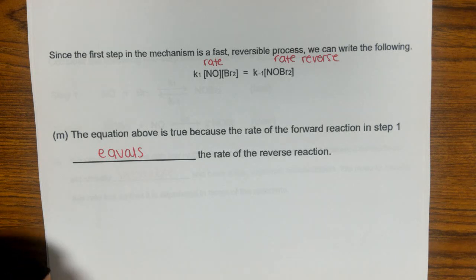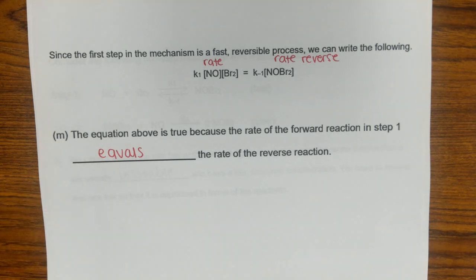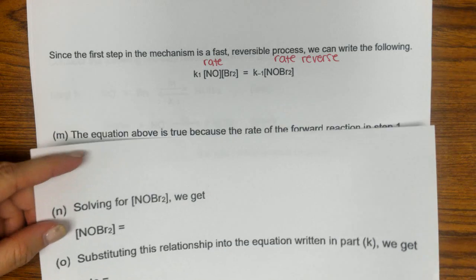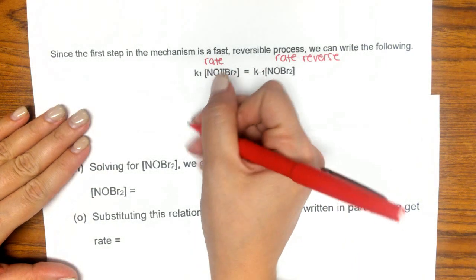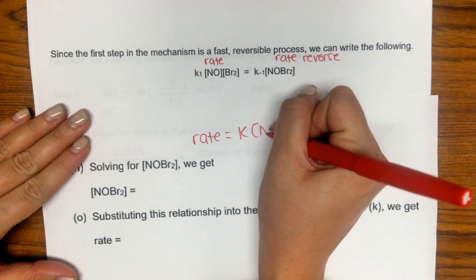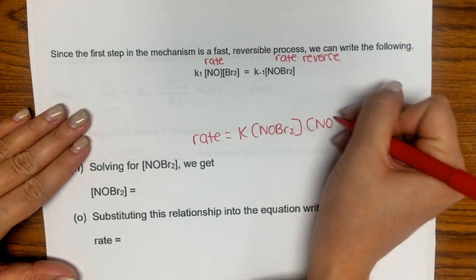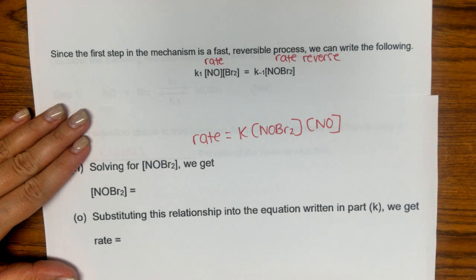And so now we have two equations that we can use. We have the one we wrote up above, so rate equals K NOBR2 times NO. And then we have this reaction 2.